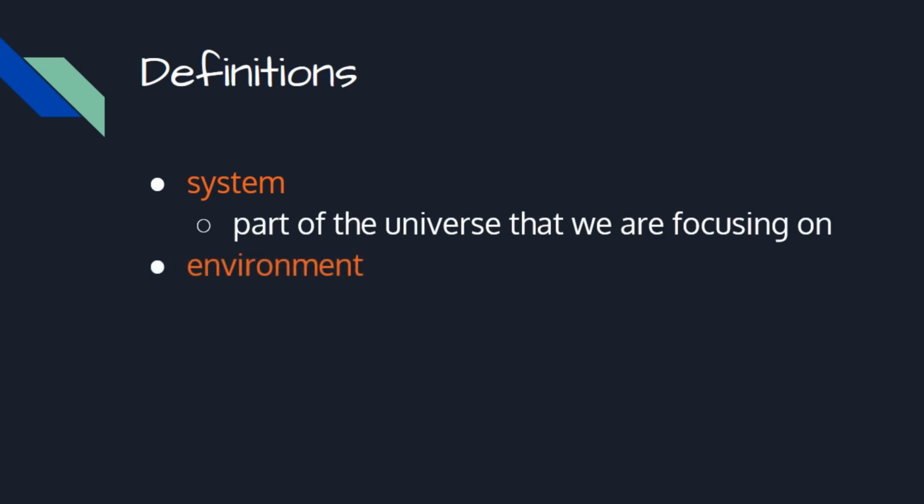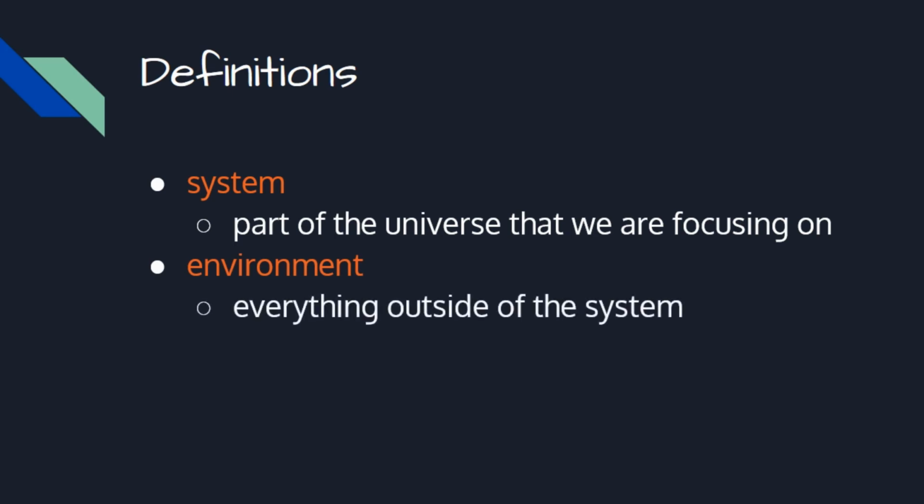The environment is everything that's outside of the system. The entire universe that is outside of the system that we're focusing on. So if we're just looking at our planet as our system, the environment is going to be the solar system, the sun, the other planets, stars, comets, the moon, anything that's outside of our planet.